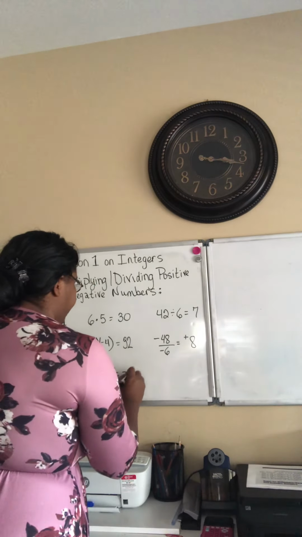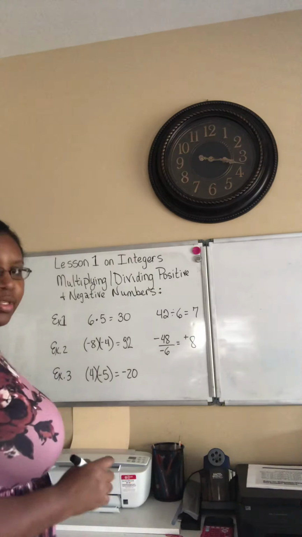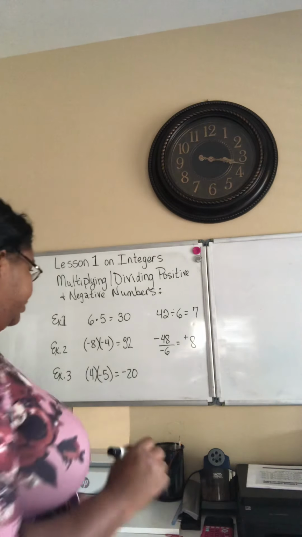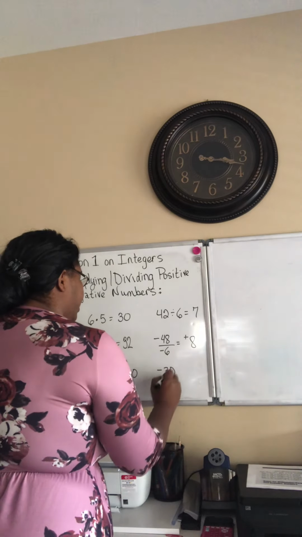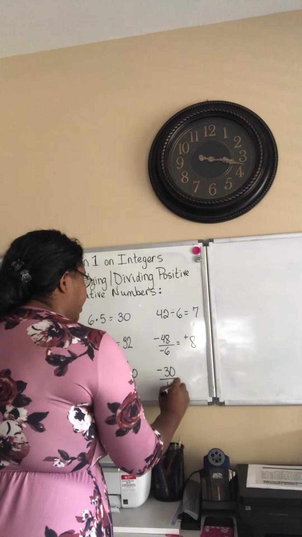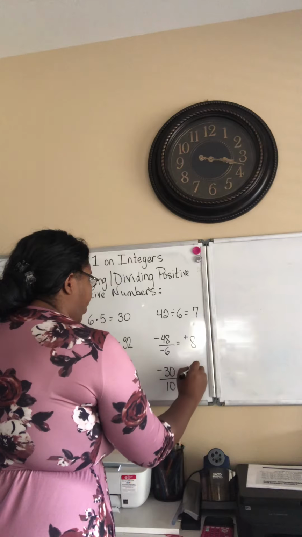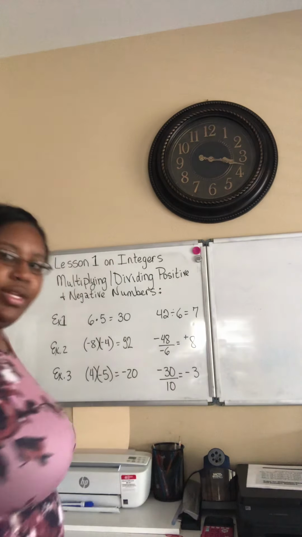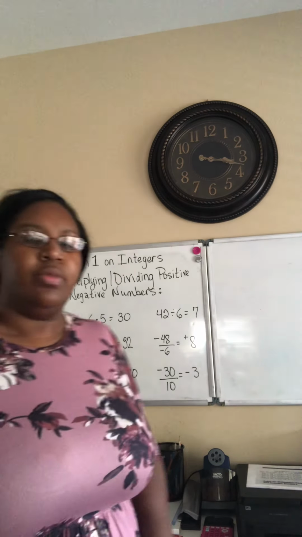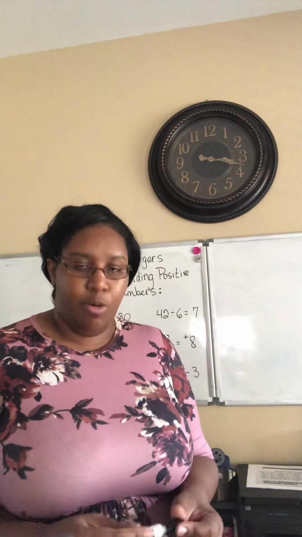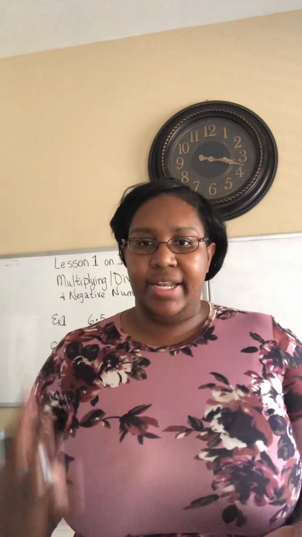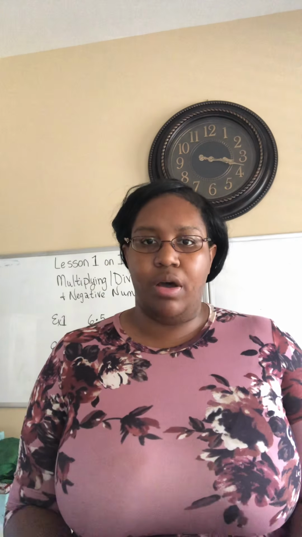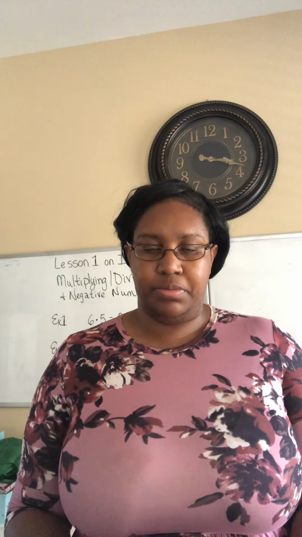So, negative 20. If I am dividing a negative 30 by a positive 10, my answer will always be negative. It's going to be a negative 3. So, when you are multiplying or dividing a positive and a negative, the answer is always negative.